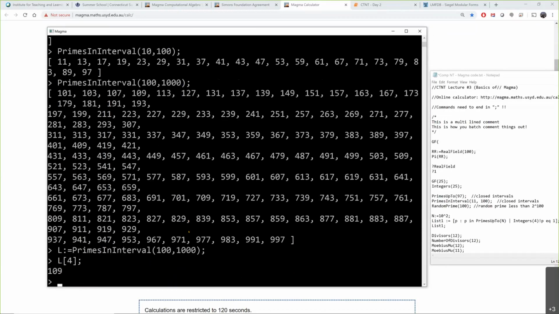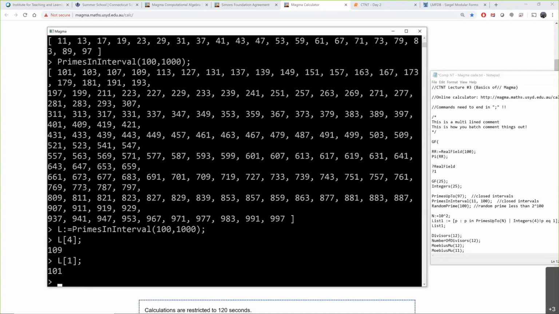By the way, here in Magma the first element of a list is the first element of a list, unlike in Sage, where we were using some sort of Python code. Nice.